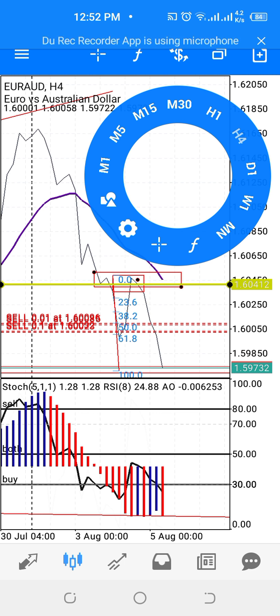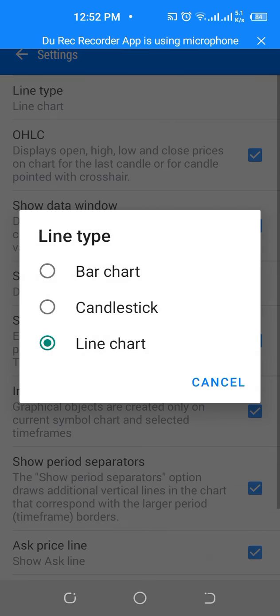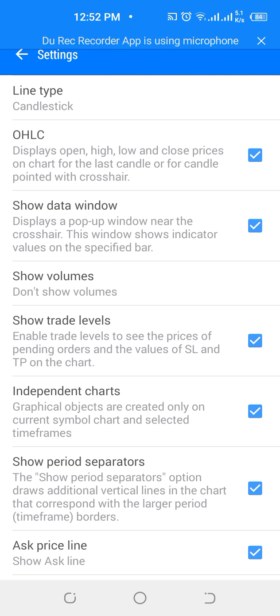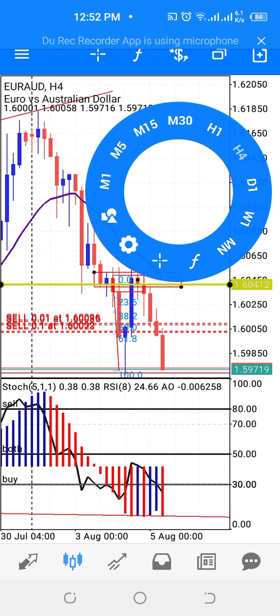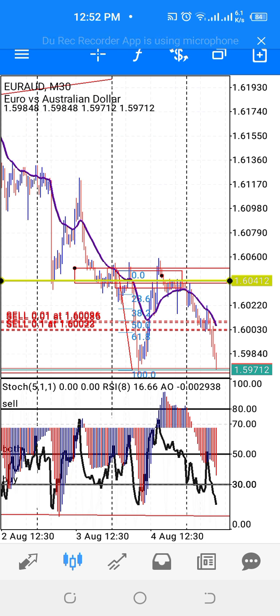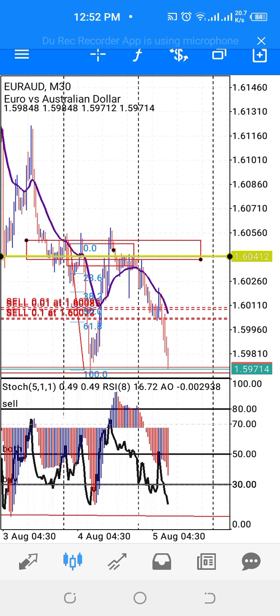Then when you go to the candlesticks on the lower time frame, you can see that the market was going down.